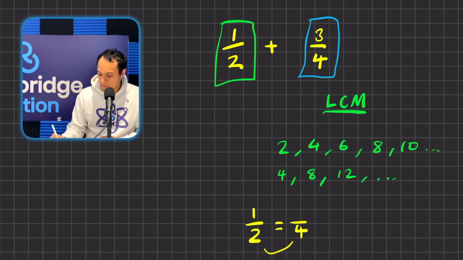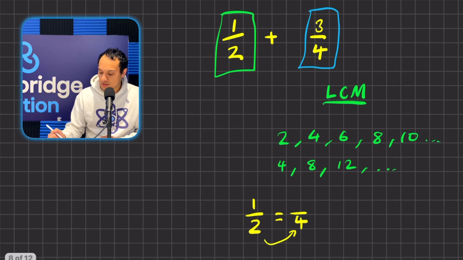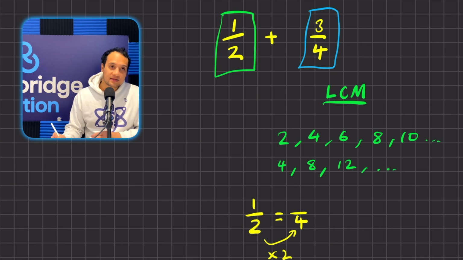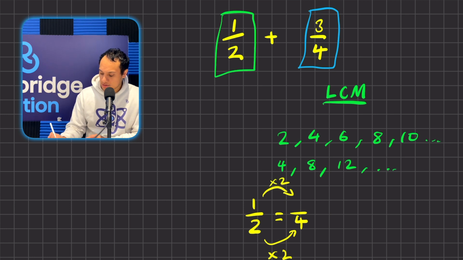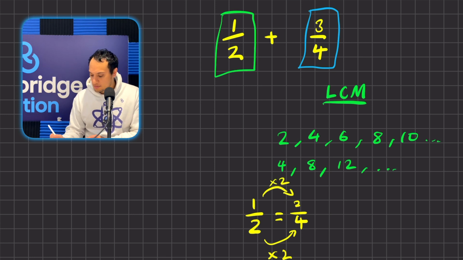Well, what did we multiply by to get from 2 to 4? We multiply by 2. Anything that you do to the bottom, you have to do to the top of the fraction in order to make it equivalent. So I'm going to times 1 by 2 as well. So I get 2 over 4.